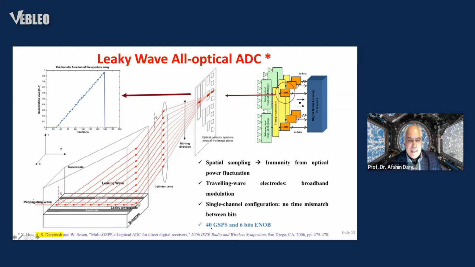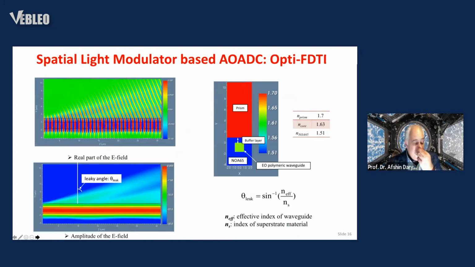In fact, we have been able to demonstrate 40 gigasamples per second with 6 effective number of bits. You can also observe the quantization levels indicated here using the quantizer. But our goal is to achieve a higher effective number of bits.